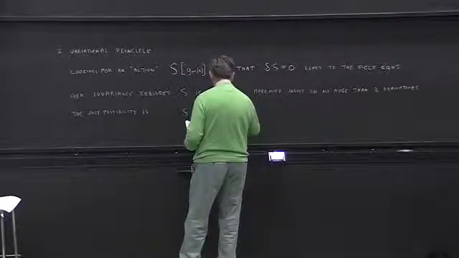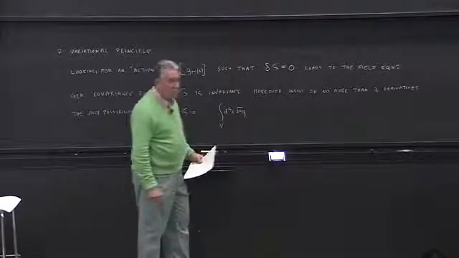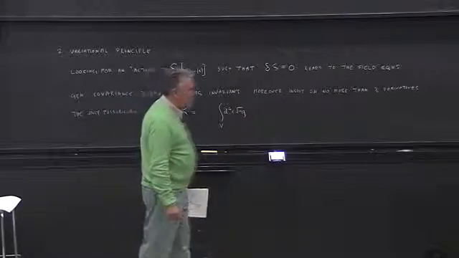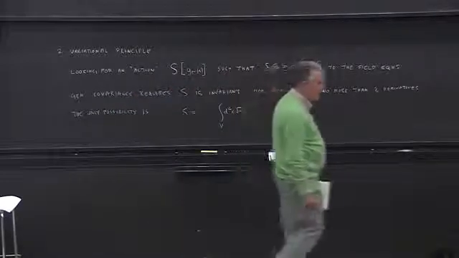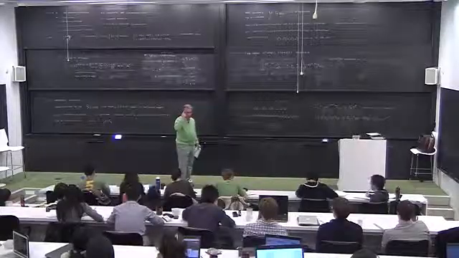It's got to be the integral d4x square root of minus g times a scalar. And what scalars do we have at our disposal that are built out of g? The only one is the curvature scalar.